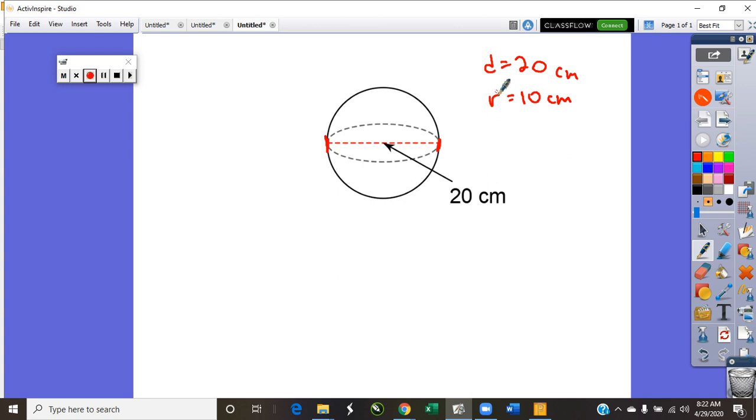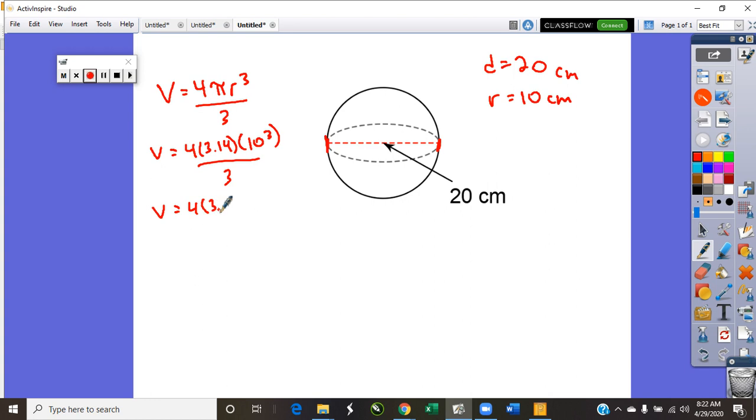First thing I'm going to do is write my formula. Volume of a sphere equals 4 times pi r cubed divided by 3. Let's plug in some numbers: 4 times 3.14 times 10 to the third power divided by 3. What is 10 to the third power? 1,000. And I'm going to divide this all by 3.